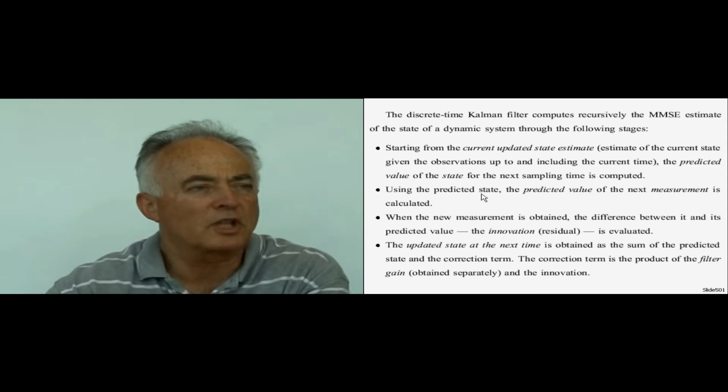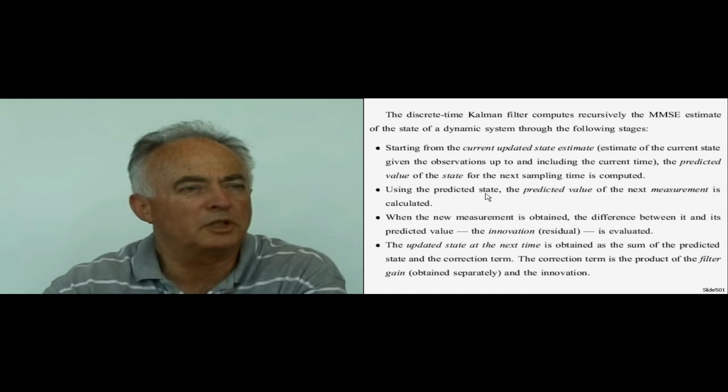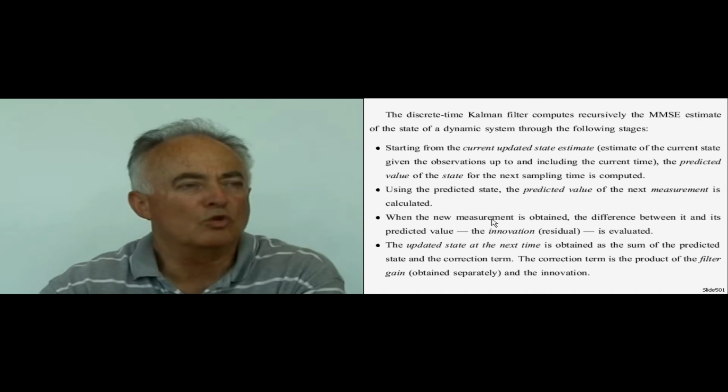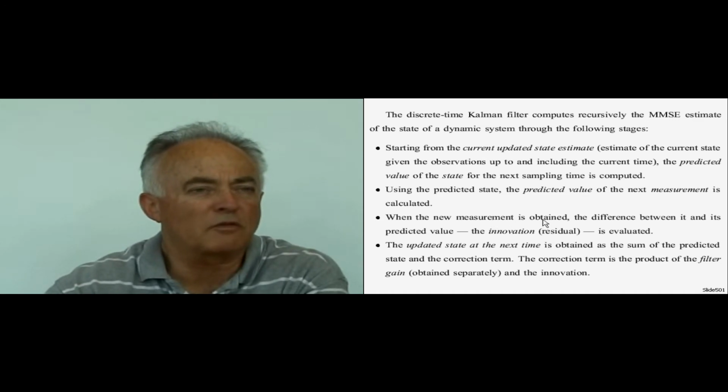With the predicted state, we can now calculate the predicted measurement at that time. And when the actual new measurement is obtained, the difference between it and the predicted value of the measurement, the innovation or residual, is what we calculate.